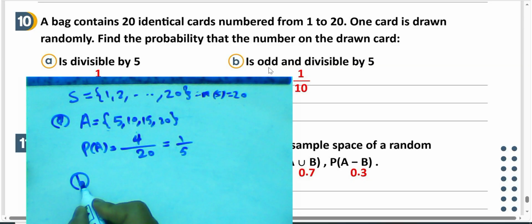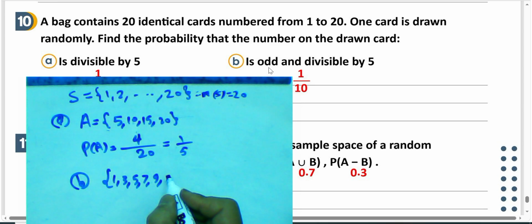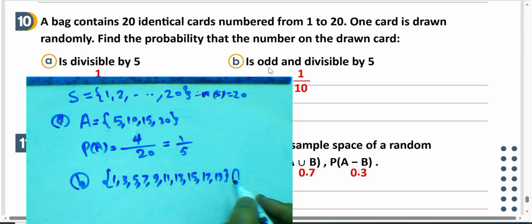And question letter B is odd and divisible by 5. Odd and also divisible by 5. We can write odd: 1, 3, 5, 7, 9, 11, 13, 15, 17, 19. And it means intersection, okay? And divisible by 5, we can write 5, 10, 15, 20.